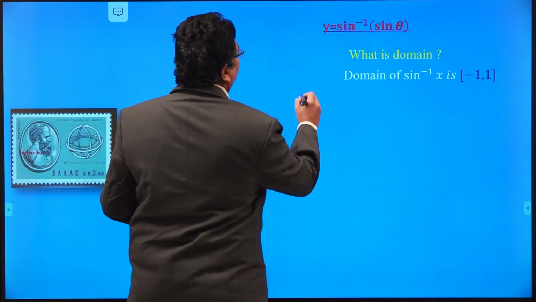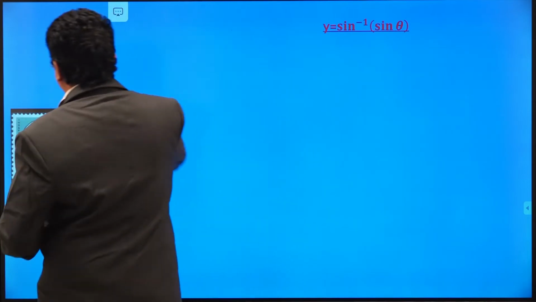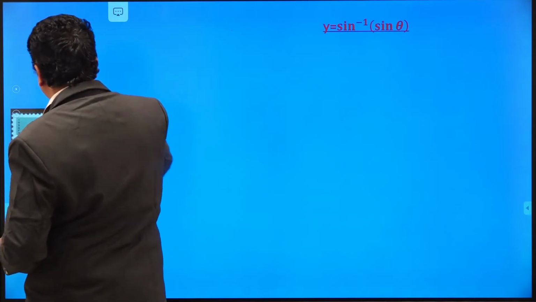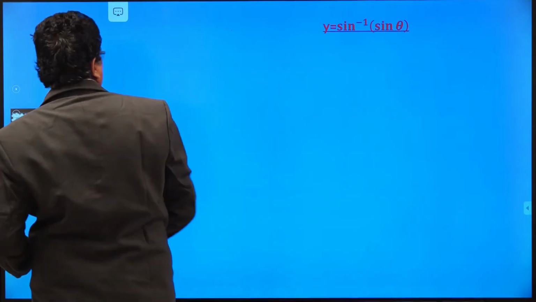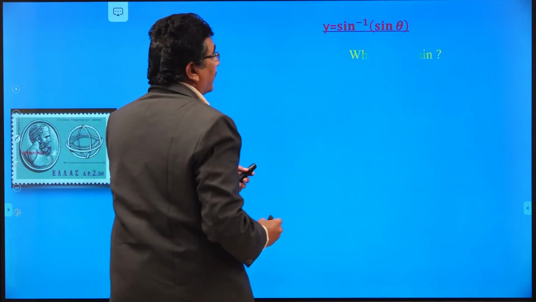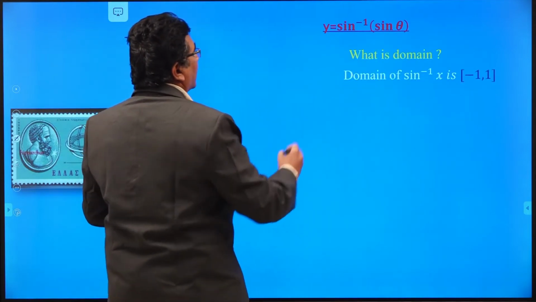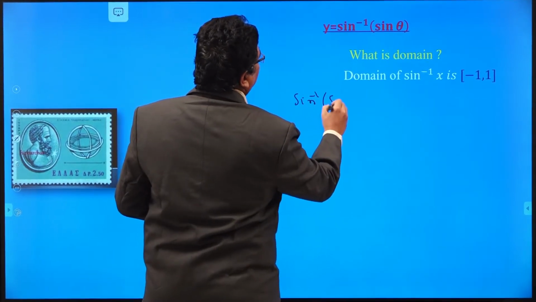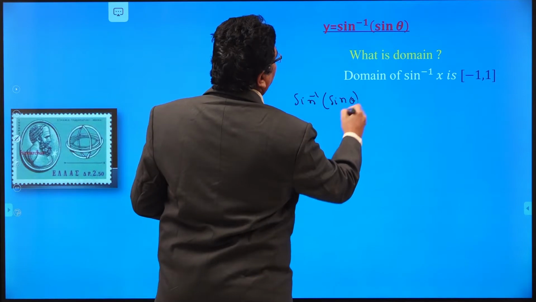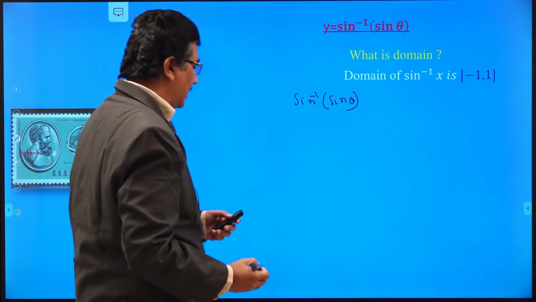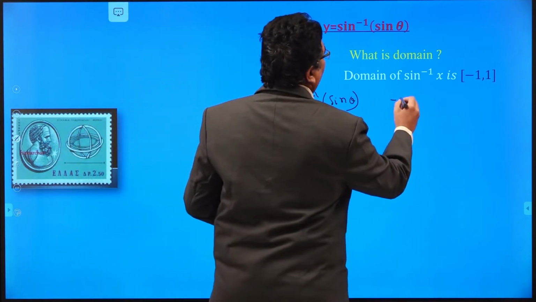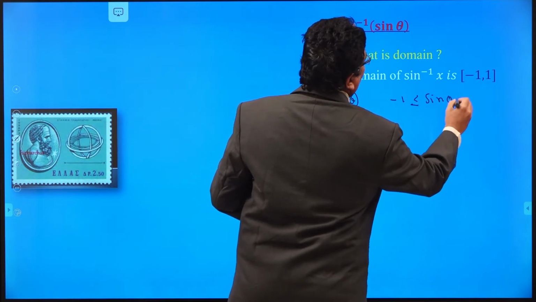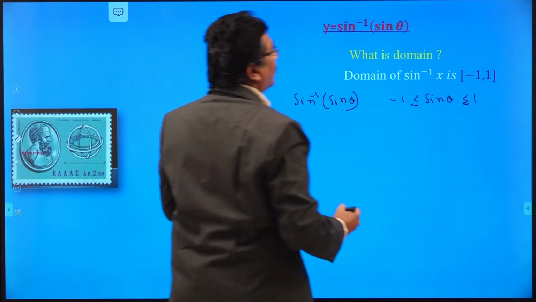For sine inverse of sine theta, the domain of this function is minus 1 less than or equal to sine theta less than or equal to 1.